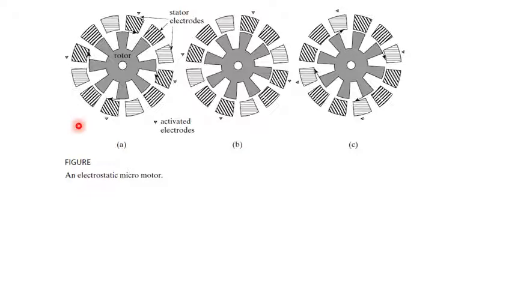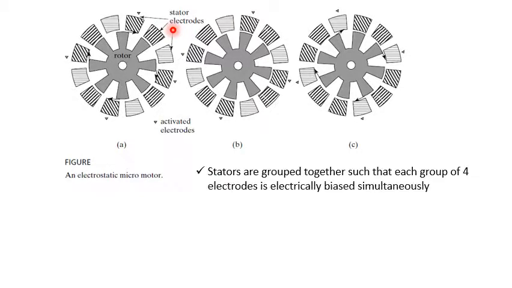This figure shows an electrostatically driven micromotor that is used as a MEMS actuator. It consists of a rotor which is attached to the substrate with a hub and a set of fixed electrodes on the periphery known as the stator electrodes. The stators are grouped together such that each group of 4 electrodes is given biasing simultaneously.